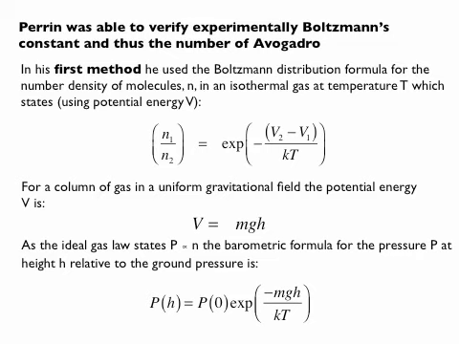So what's this based on? He basically wanted to experimentally verify the number of Avogadro bang on by just looking at particles suspended in a liquid. And how did he do that? Well, first of all, he realized that for gases, there is a Boltzmann distribution. So how could you think that?